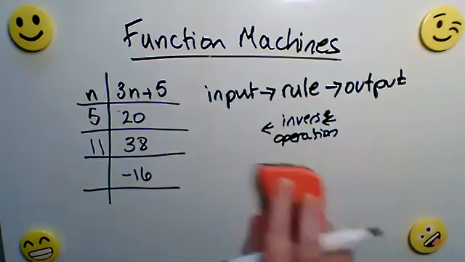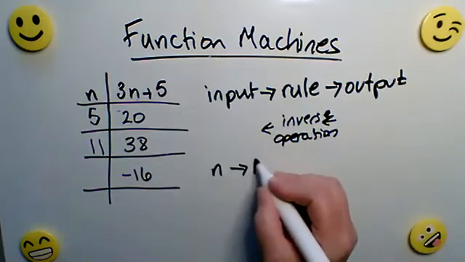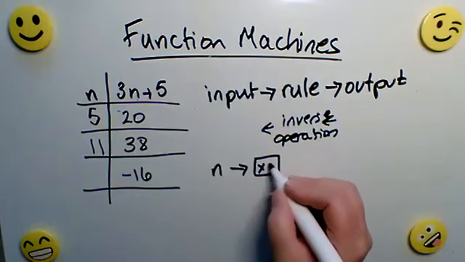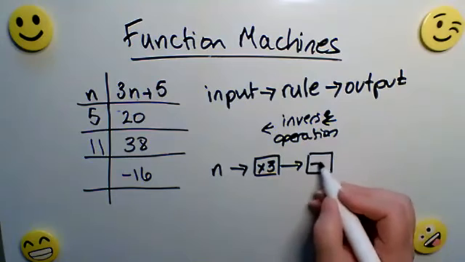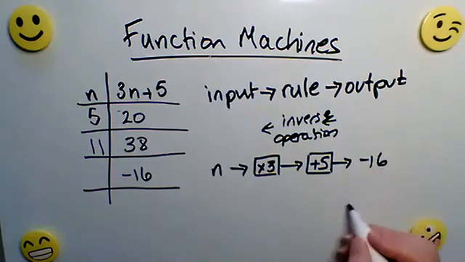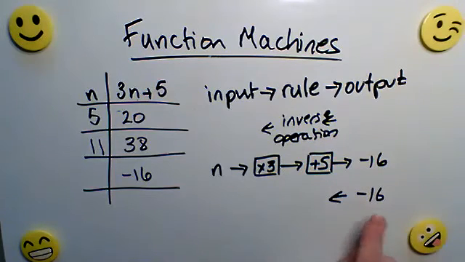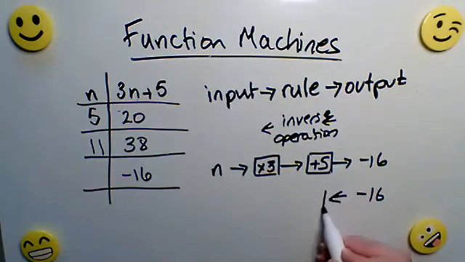Now the last one is a negative, but let's just work it through the same process. I'm going to multiply whatever the value of n is by 3, and then I'm going to add 5. And out will pop negative 16. So we just need to be careful working with negative numbers. So if I'm starting at negative 16, I'm going to do the opposite of adding 5 to that.